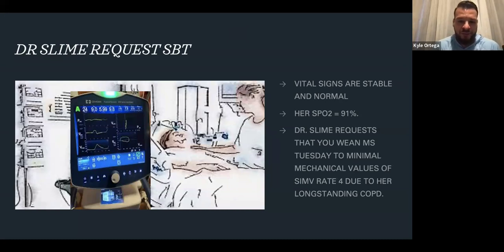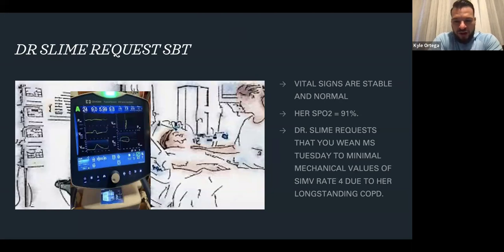A good NIF, greater than negative 20. So, for instance, negative 60 would be way better than negative 10. Looking at her vital signs, her respiratory rate, heart rate, blood pressure, SpO2, making sure all that is normal. And then we want to grab a good ABG, making sure those numbers are at her baseline before we pull out this tube.